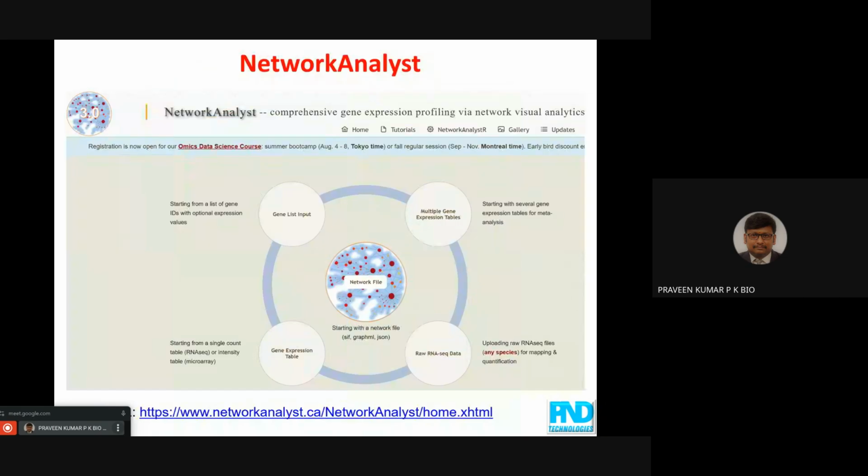particular compound. NetworkAnalyst is another tool. This is used for comprehensive gene expression profiling via network visual analytics. For NetworkAnalyst, we have to go through this URL, and here you can see the gene expression table.